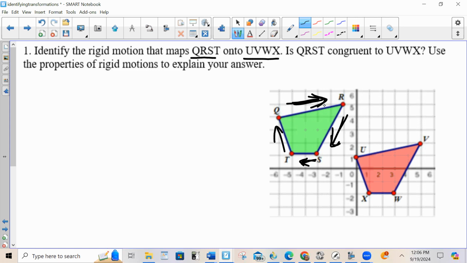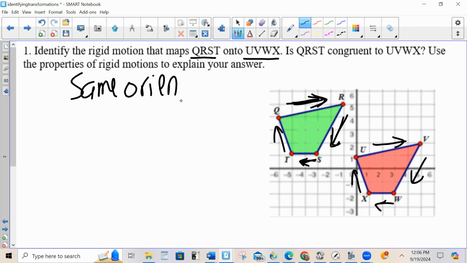If I follow these around, it's going clockwise. U to V to W to X is going clockwise. They're both going in the same direction. If they're going in the same direction, it means that it has the same orientation.